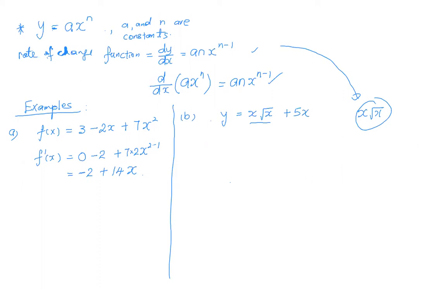Okay, so how are you going to change it to power form? If I change it to like that, can I use it now? Can. Is this a single power term?